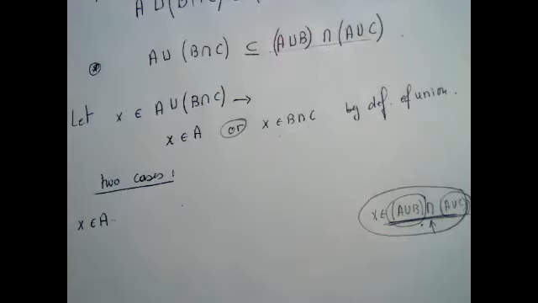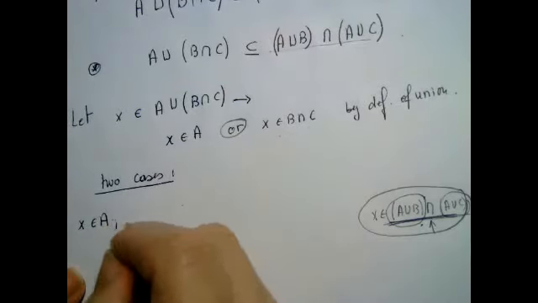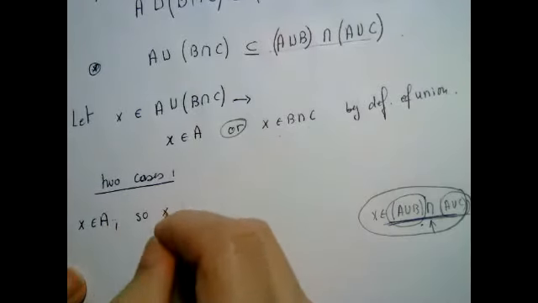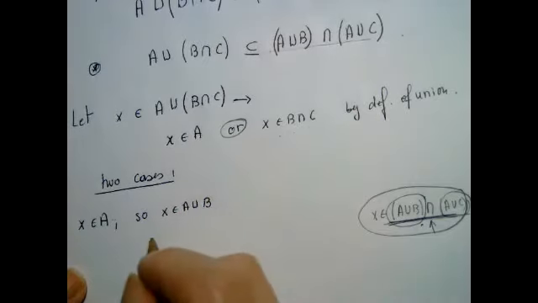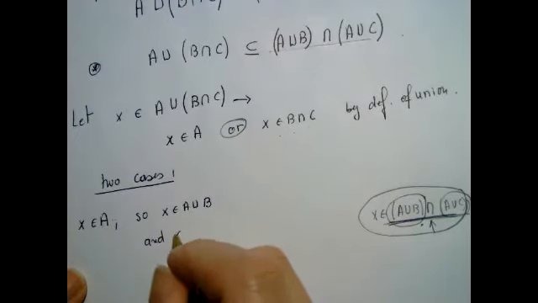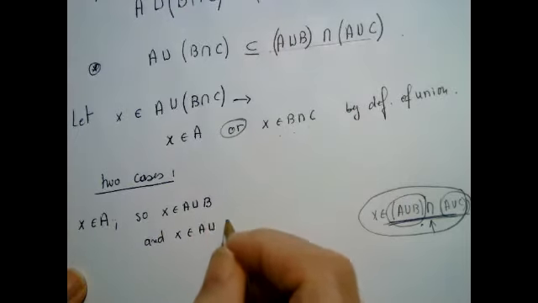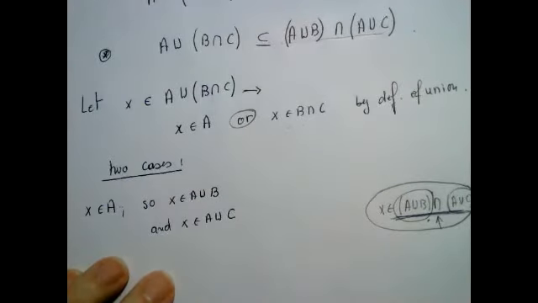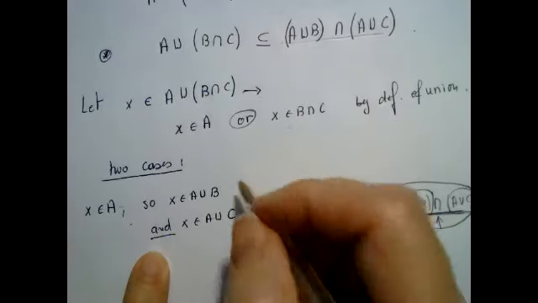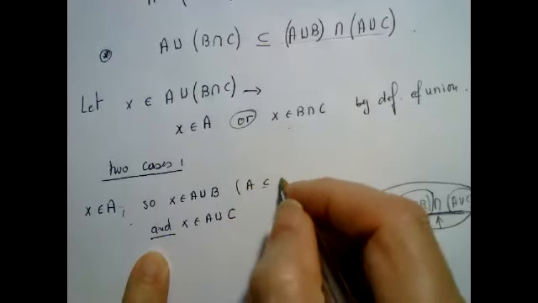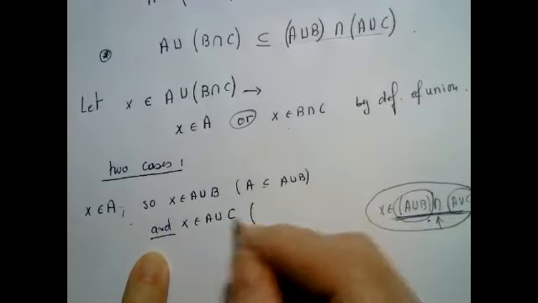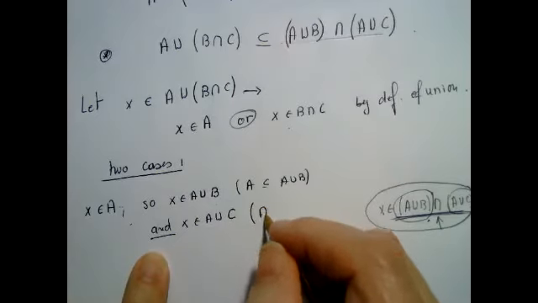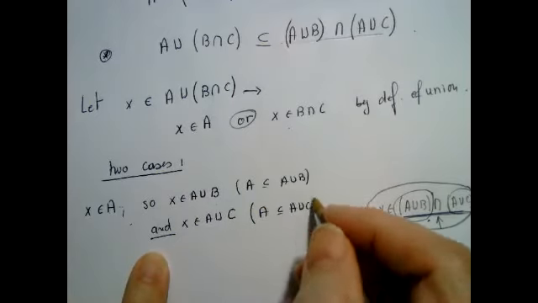Since X is in A, X is in A union B and X is in A union C. Is he correct? Yes, because A is a subset of A union B, so if something is in here, it has to be in here. And it's in A union C because A is also a subset of A union C.